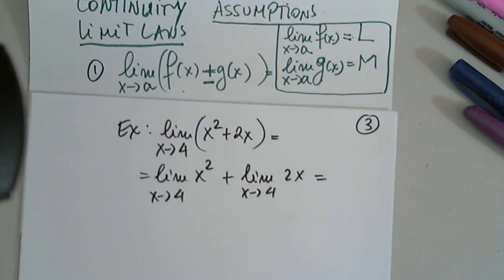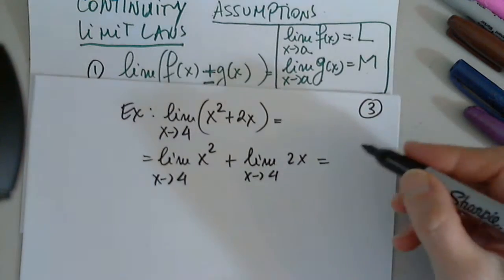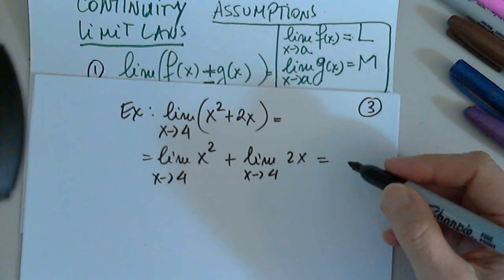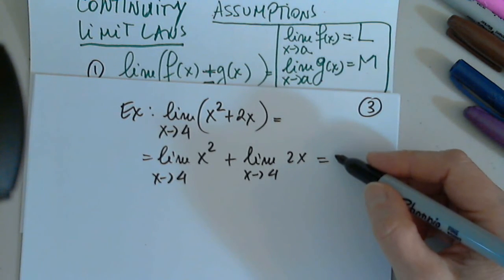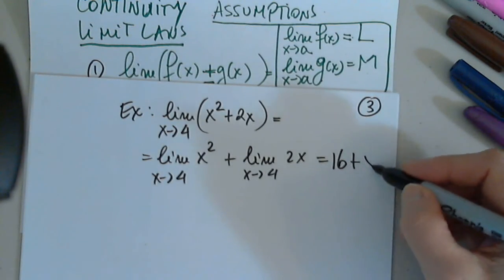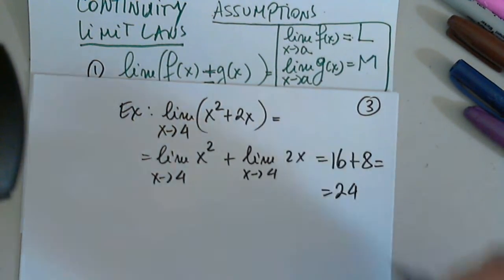Can anyone give us the first limit? It's a polynomial, we know that. Sorry? 16. Very good. Plus? Good. So this is 24.